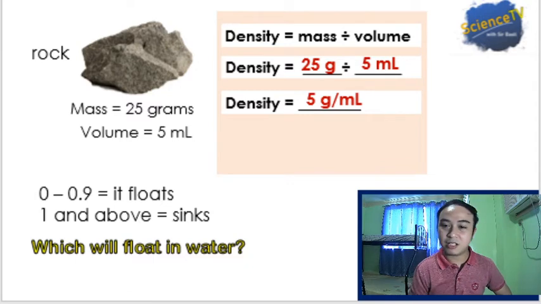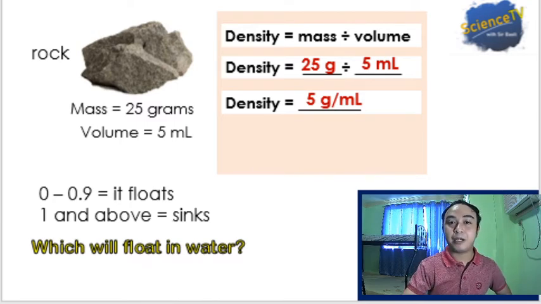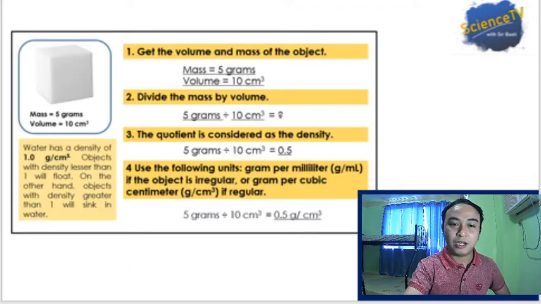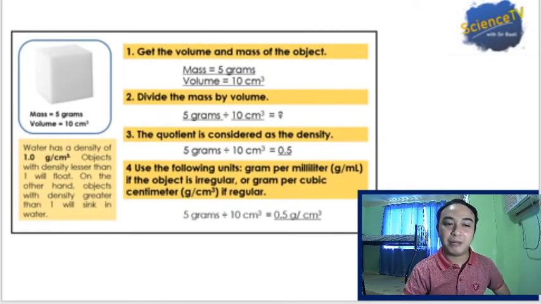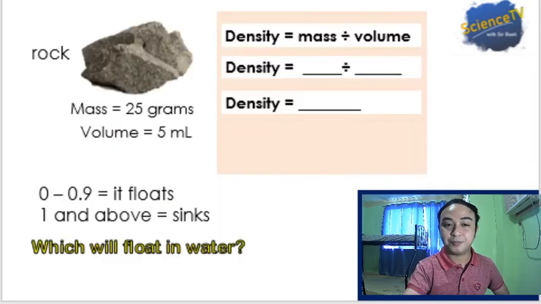Okay, that was our question earlier, right? In the case of rock, the rock has greater density than 1.0 gram per centimeter cube. The density of water is 1.0 gram per centimeter cube. If you were able to remember, as what I've told you, the object with density greater than 1 will sink.